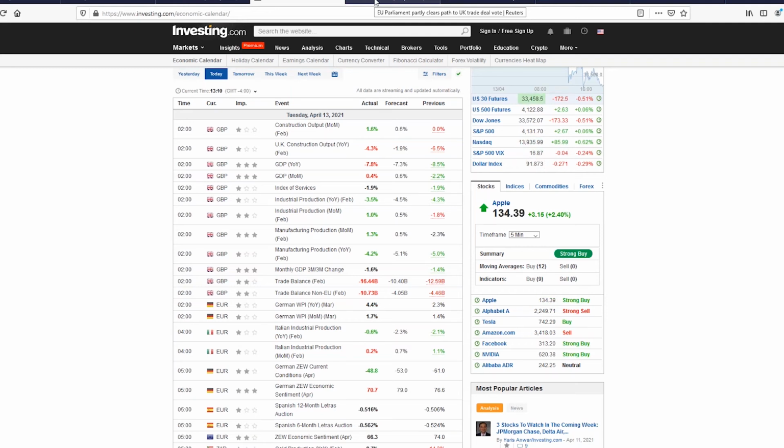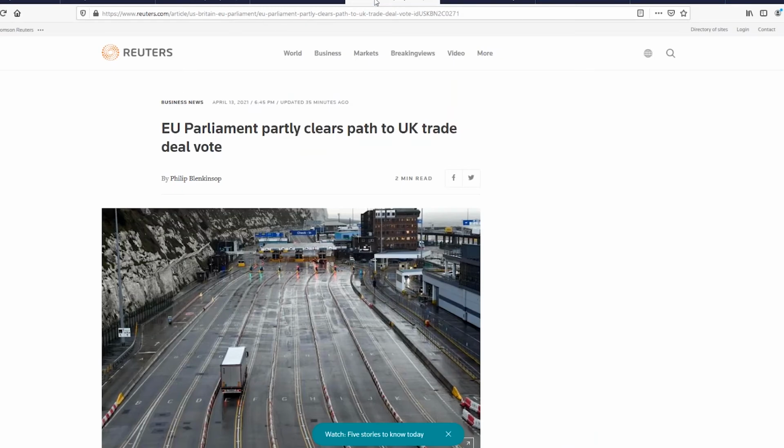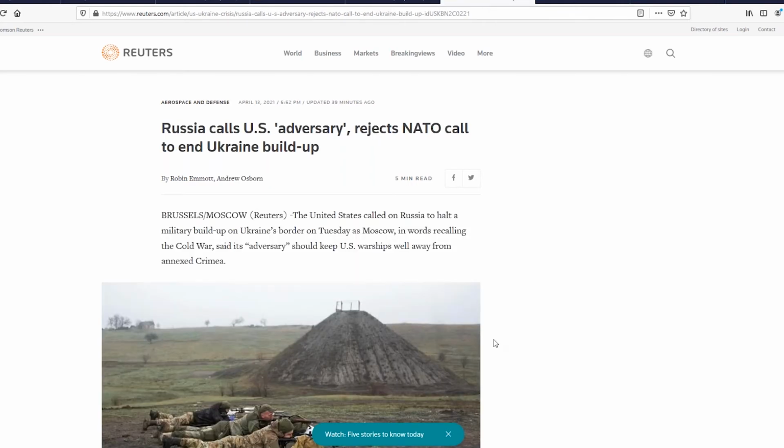If we then look at the EU a little closer, we've got the Parliament partly clearing a path for a UK trade deal. So that's good news. So more optimism in the markets. And then you have this, which is nothing yet, but it could be something.